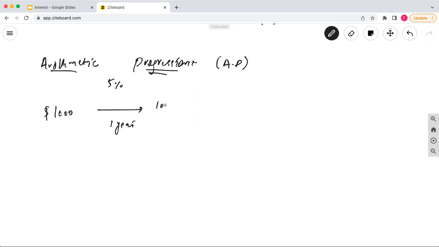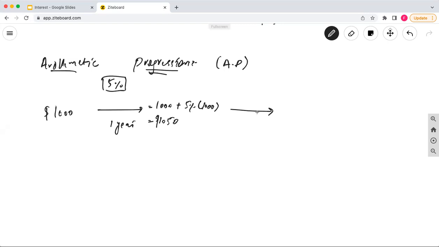That will be 1,000 plus 5% of 1,000. That value is 1050, right? I just included the simple interest, which I considered 5%.